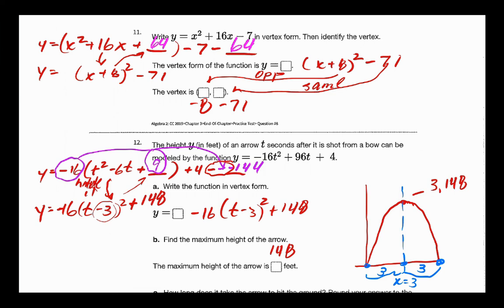I put a blank and I put minus a blank. So I'll have negative 16, and I'm just worried about this part now. Half of negative 6 is negative 3, and then I put it over here. Negative 3 squared is 9.